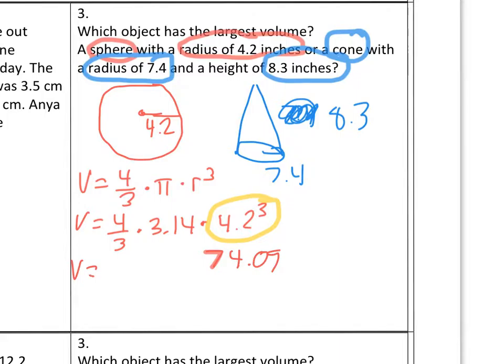So volume equals, and you see that 4 over 3? Let's just make it easier. Let's just call it 4 divide 3 times 3.14. Multiply that new number of 74.09. Okay, so in the calculator, we're just going to go ahead and keep working from left to right. Okay, we're going to go ahead and do 4 divide 3. So in your calculator, clear it off. Type in 4, press the division key, 3 equals, looks like 1.33 forever.